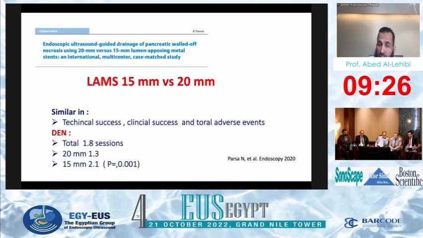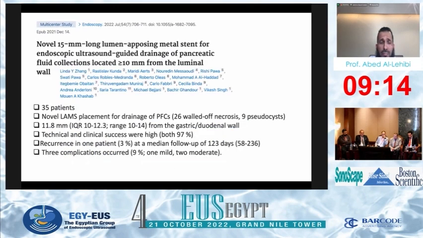In another study, also, the number of necrosectomies is less with the larger 20 millimeter diameter compared to 15 millimeter, but the clinical success, technical success and adverse effects are almost the same.